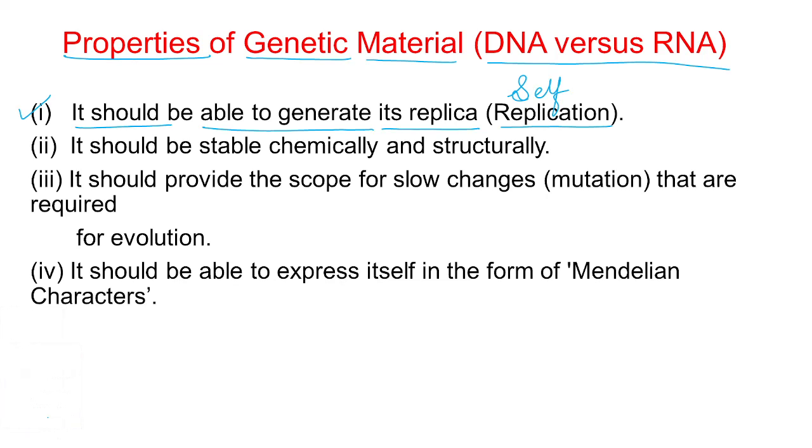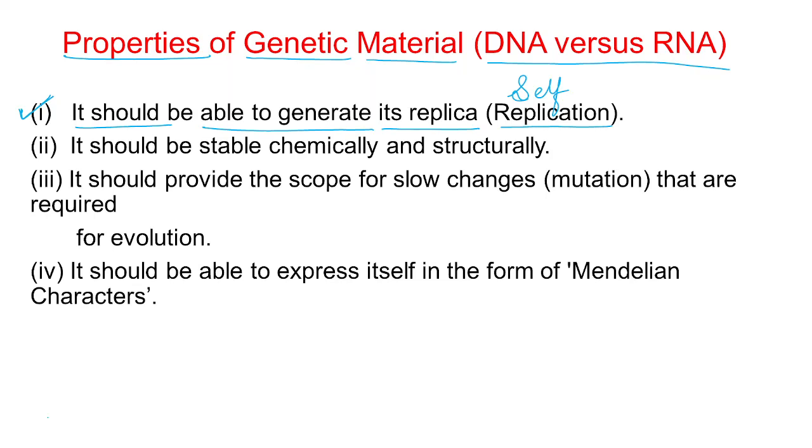Okay, it should undergo what? Self-replication. First point, if you want to call any molecule as genetic material, it should undergo self-replication. That is the first point. That means it should be able to, or it should be capable of producing its own copy. That is the first property of genetic material.